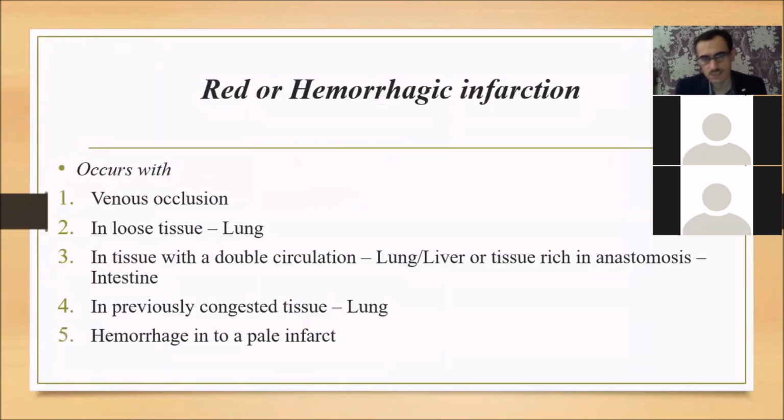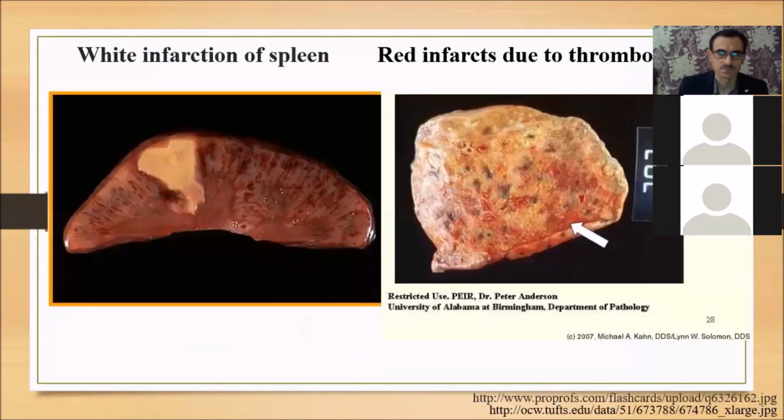That I will discuss in the liver, in the lungs. Here you can compare the white infarct of the spleen with the red infarct of the lungs during thromboembolism. You can also find here the conical or triangular shape of the infarct.